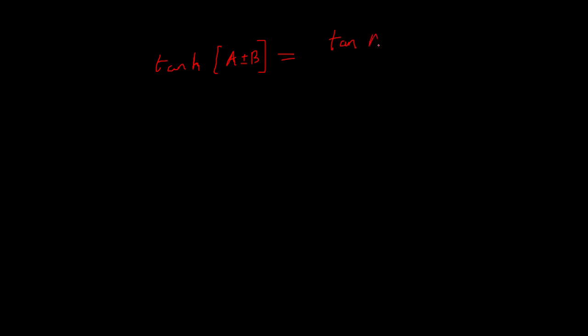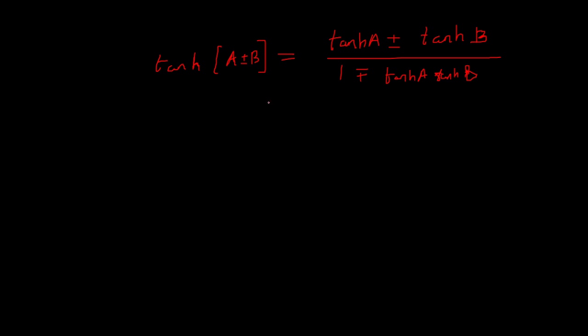We should be getting tan a plus or minus tan b, whole divided by 1 minus or plus tan a times tan b. So according to the formula, this is how our formula for tan(a plus or minus b) looks.